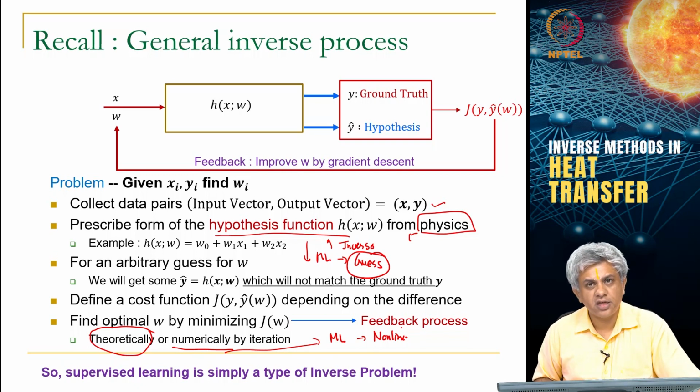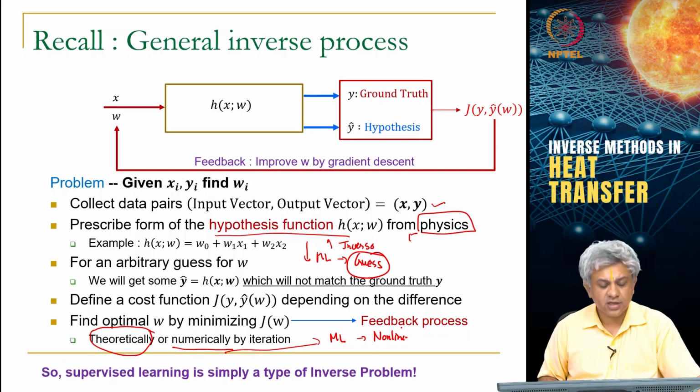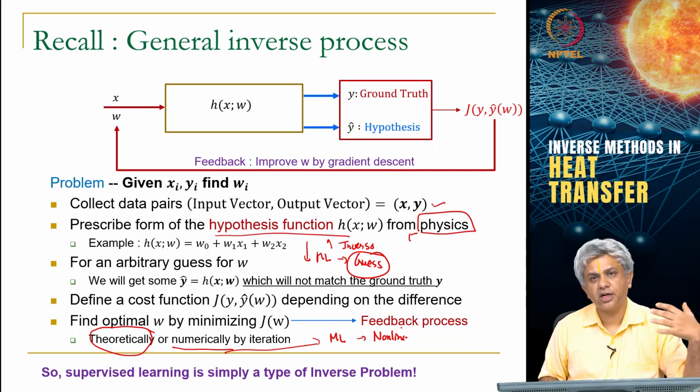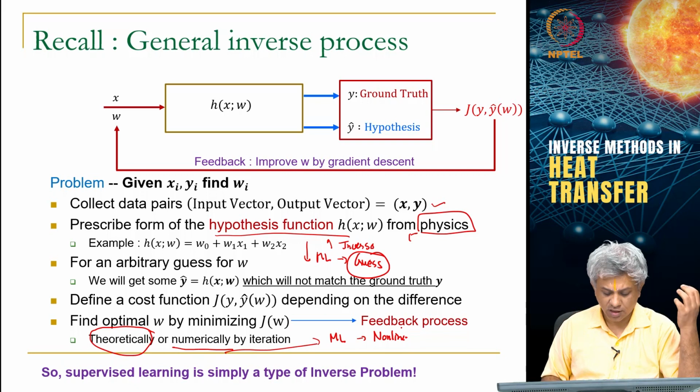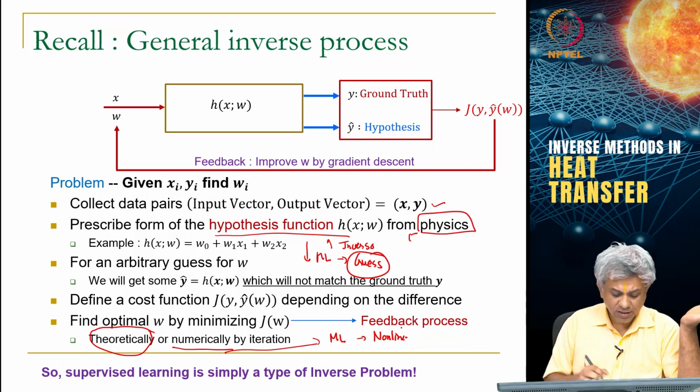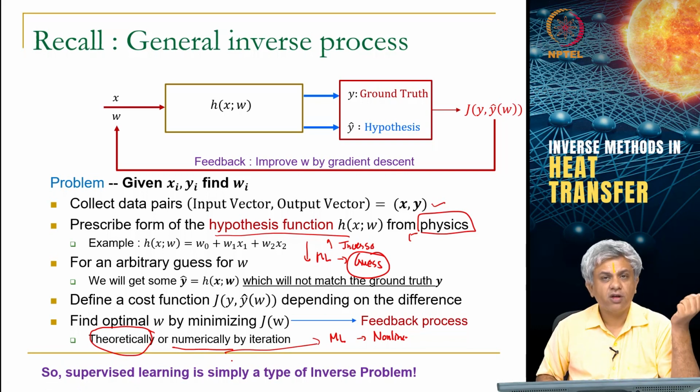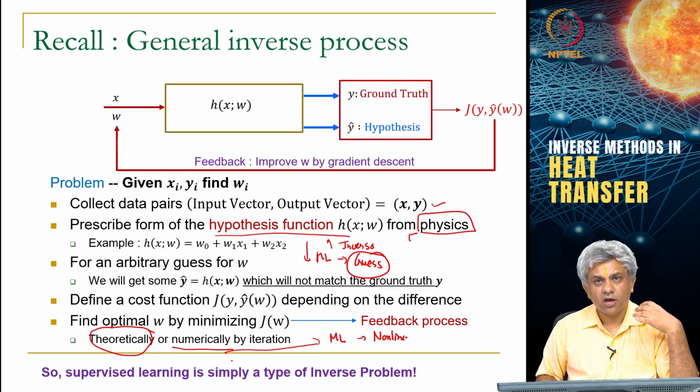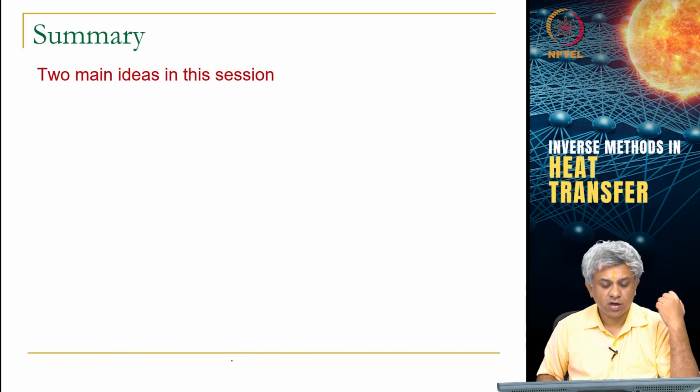But my reason for showing this slide was to show you that what I had shown you as the general supervised learning feedback process is exactly what we get in inverse. So, basically supervised learning can be thought of as a type of inverse problem. This is the important thing to remember.